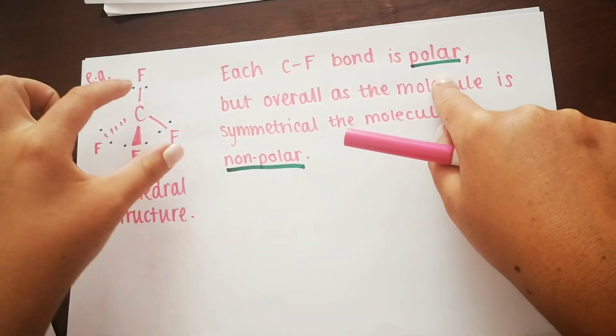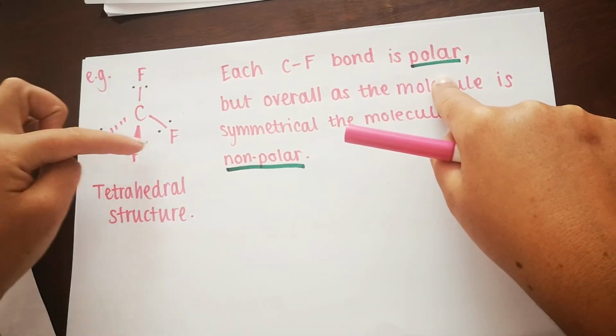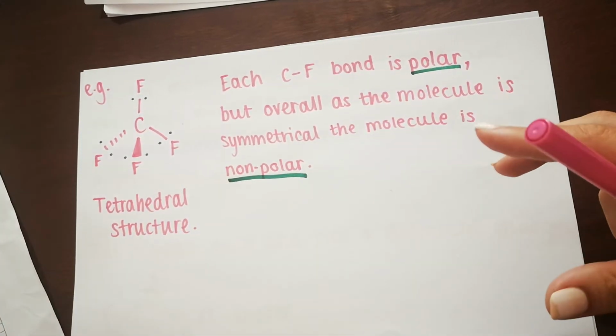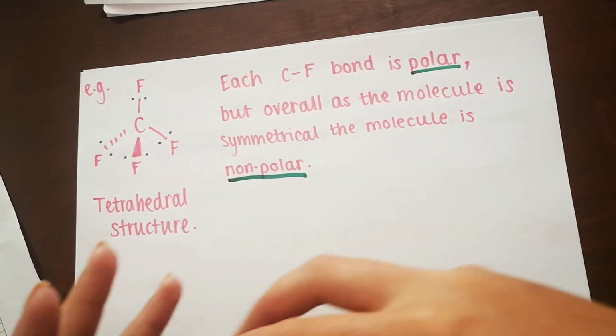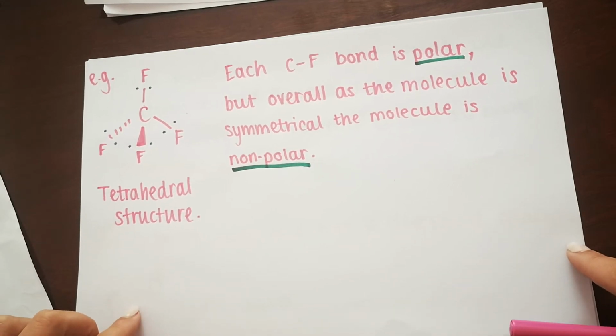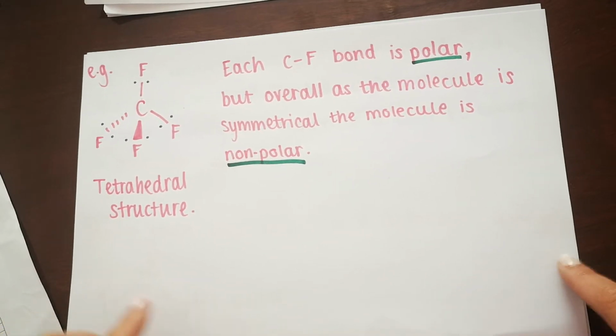But these electrons, all 4 pairs of them, are getting pulled towards the fluorine equally in opposite directions. Because overall the molecule is symmetrical, the molecule will become non-polar. So it is possible to have polar bonds but non-polar molecules.